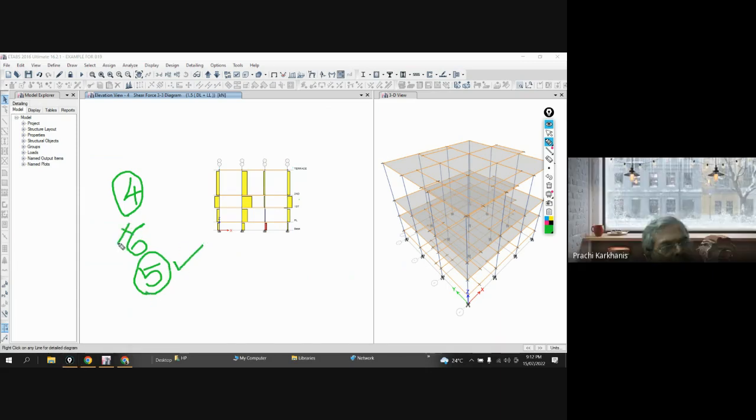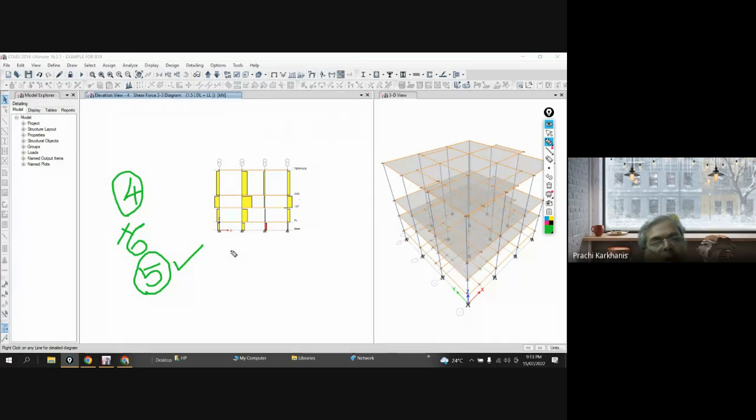In these 5 we created some imaginary structure with imaginary grid lines, with imaginary sizing, with imaginary loading, but we concentrated on how to draw it. Now we will be going to a practical problem.